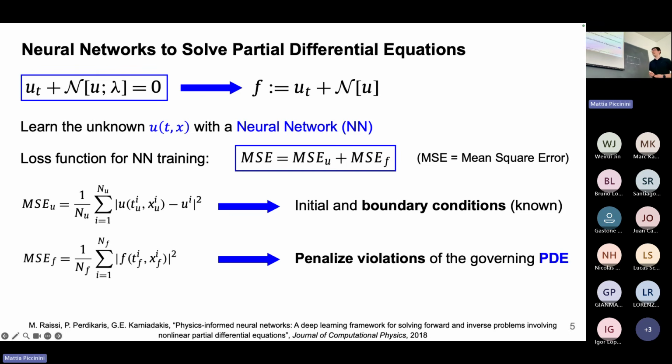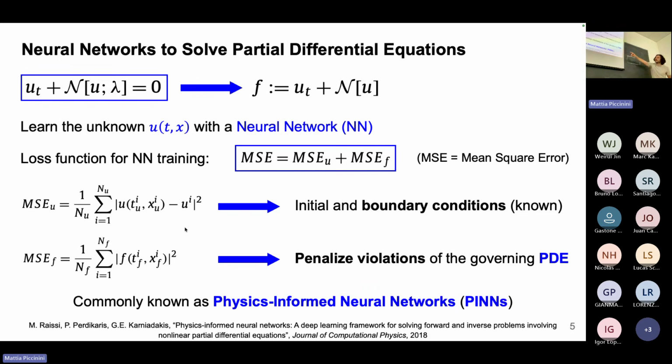This is a very powerful means to learn solutions. We don't need data here, by the way. The only data we have is this u^i, at the boundaries of the domain. This is the only thing we give from the outside, and all the rest is learned from the equations, so the neural network learns to solve this complex equation.